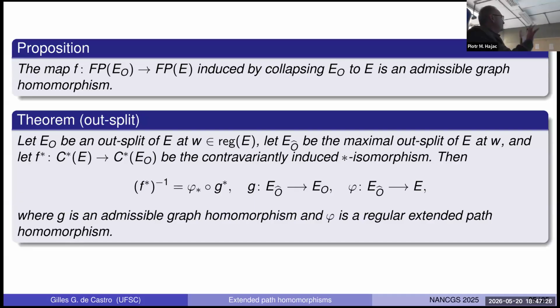There are different rules of engagement, and most importantly, if you make an outsplit, your derived new graph generates a Leibniz path algebra or graph algebra that is merely Morita equivalent to the initial one, but not isomorphic. However, the point is that if you do two such insplits in two different ways, then these two different ways are isomorphic. And then just to write down this isomorphism, again we need an extended path homomorphism.